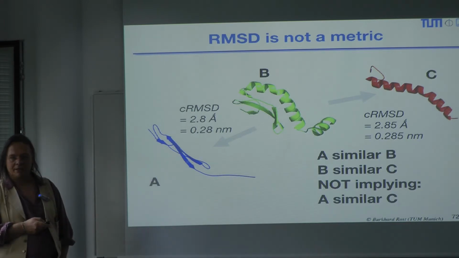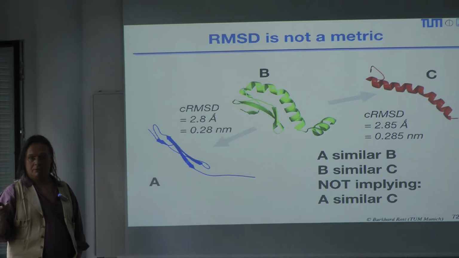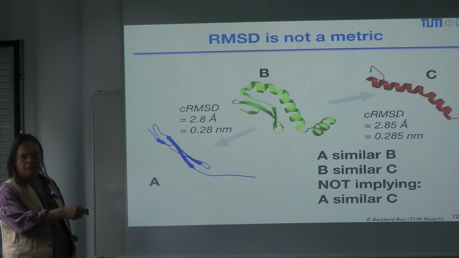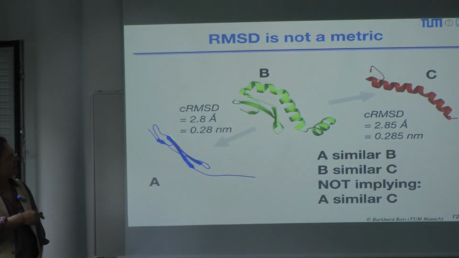Usually when I show this slide, nobody in the room makes that point, and you could absolutely be right. Usually what I want to point out here is that the difference is really the part of the helix that is kinked away. So you have a small region for which you have a big difference. And a small region for which you have a big difference is exactly the thing that hits you in an rmsd, in the square of the difference.